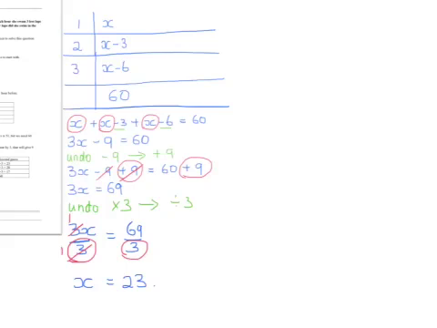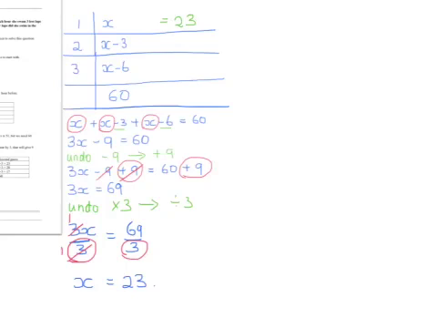Now, that wasn't what the question was asking. Always be careful to check what the question is asking. The question asked how many laps were swam in the third hour. So we've just determined that x is equal to 23.